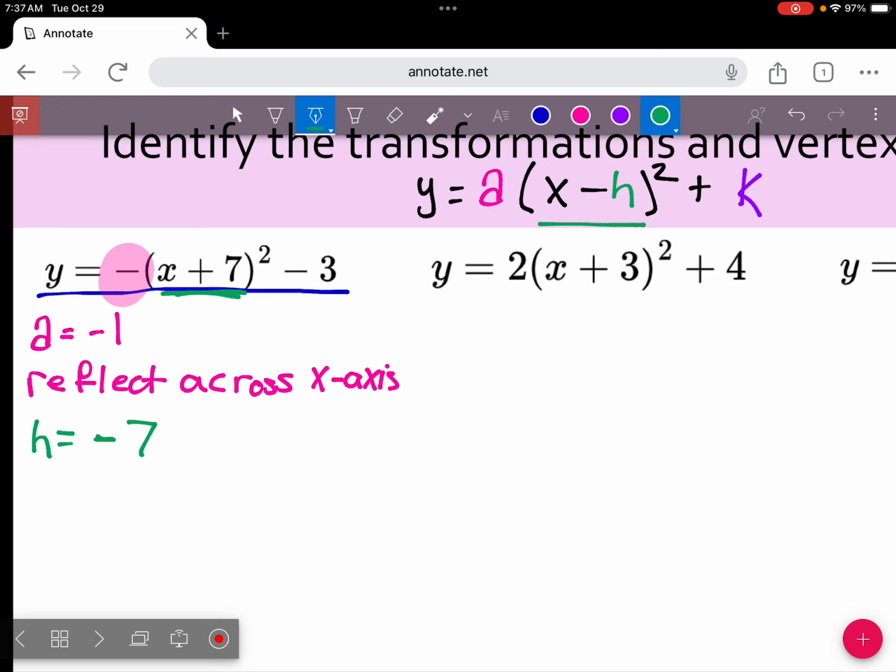It has the other sign. So since it had a plus, this one has a minus. So which way is that shifting it? Which way does an H of -7 go? Left. Yep, H, that's our horizontal. So this is going to go left 7.